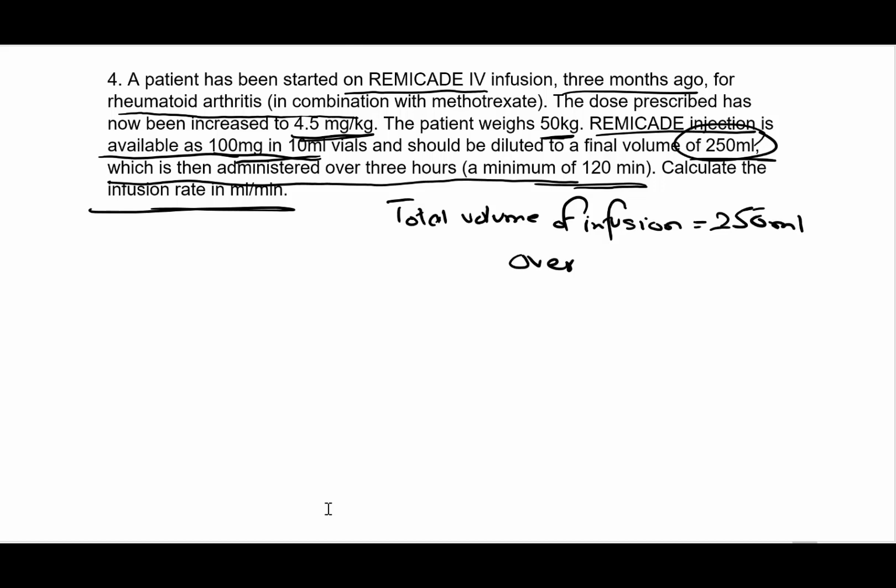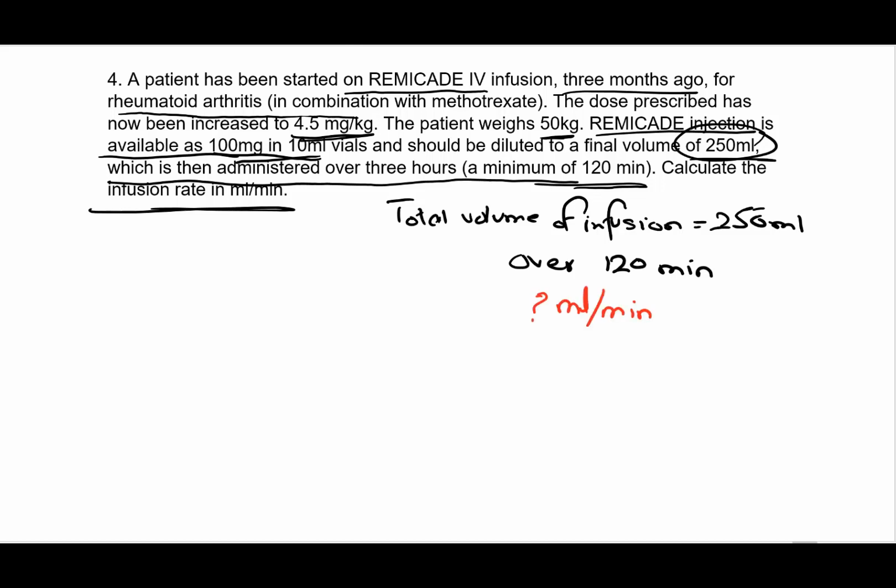Calculate the infusion rate. So we have to just calculate the infusion rate in this case, and we have been given the total volume of the infusion. Total volume of the infusion is 250, and we have been given the time over which we have to infuse it, so that over 120 minutes. And we have to find out the infusion rate in mils per minute.